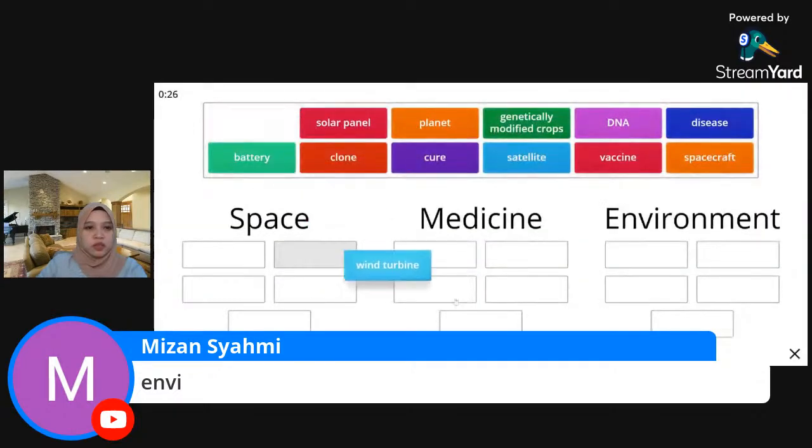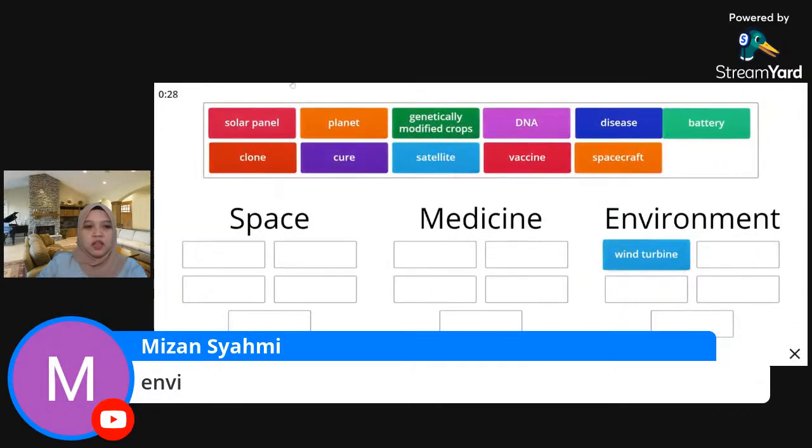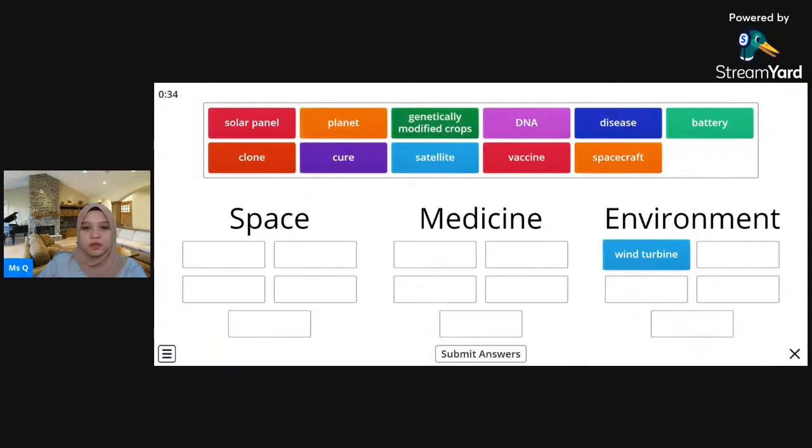How about solar panel? Where do you think that should go? Is it space, medicine, or environment?